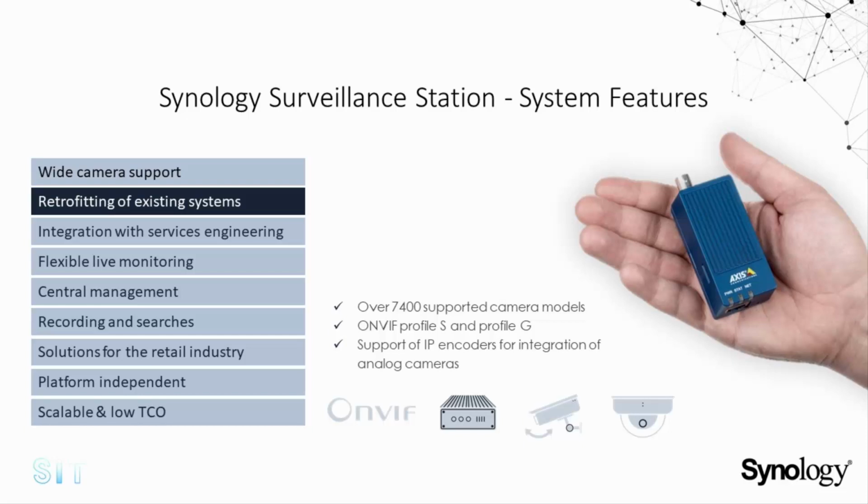Due to the large number of supported camera models, Surveillance Station is the optimal solution for projects where cameras from different manufacturers are used. Due to the mentioned cooperation with different manufacturers, Surveillance Station provides many manufacturer-specific functions directly.